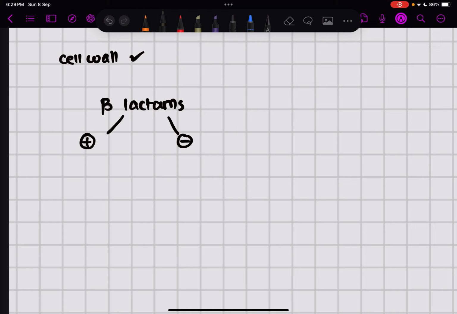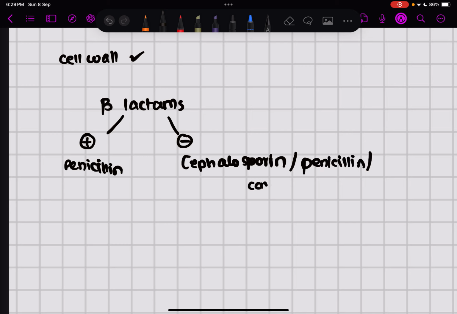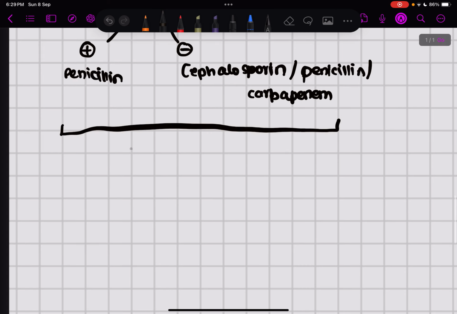For gram positive ones we give penicillin, for gram negative ones we give cephalosporin. Or we can also give penicillin, a few act on them, and also carbapenem. And if there is resistance, we give vancomycin.